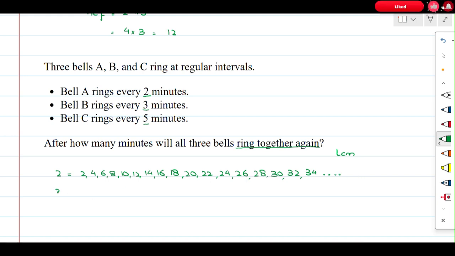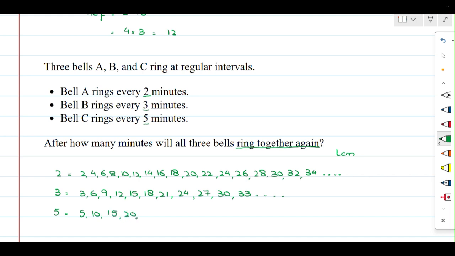Let me list the multiples of 3: 3, 6, 9, 12, 15, 18, 21, 24, 27, 30, 33 and so on. Now list the multiples of 5: 5, 10, 15, 20, 25, 30, 35 and so on.